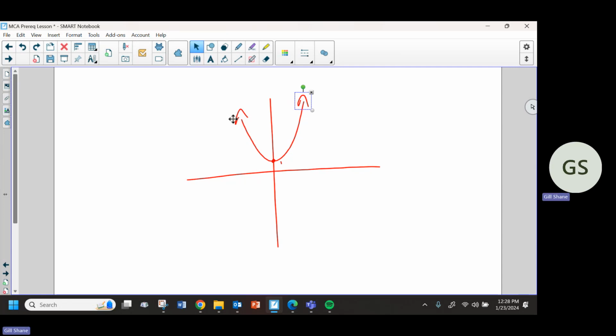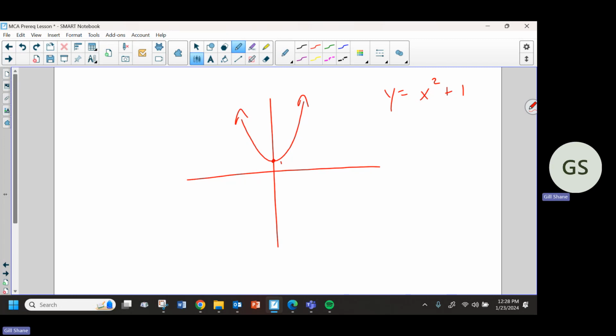We just shifted it up, which means we just added 1. When it's up and down, it's exactly what you'd think as far as adding or subtracting. When it's left and right, it's the opposite. So that's just y equals x squared plus 1, or f of x equals x squared plus 1.